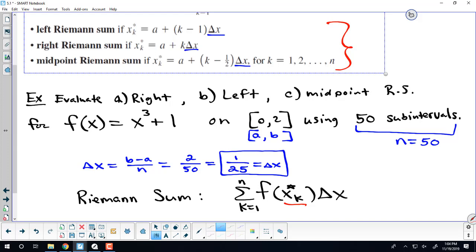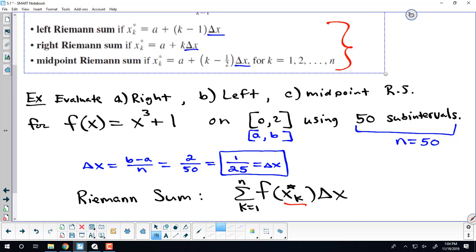The x stars were the x value in each rectangle that I used to determine the rectangle's what? Height. Yeah, the f of x star. So f of x star sub 1 is the height of the first rectangle times its length.